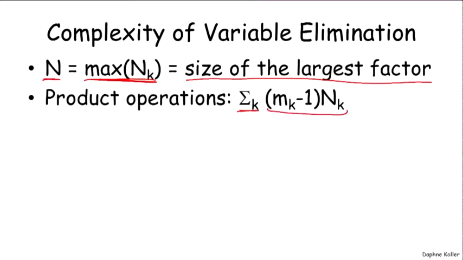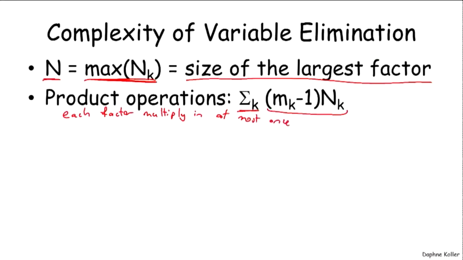But now here's the critical observation. Each factor is multiplied in at most once, because as soon as we multiply it in, it goes away.